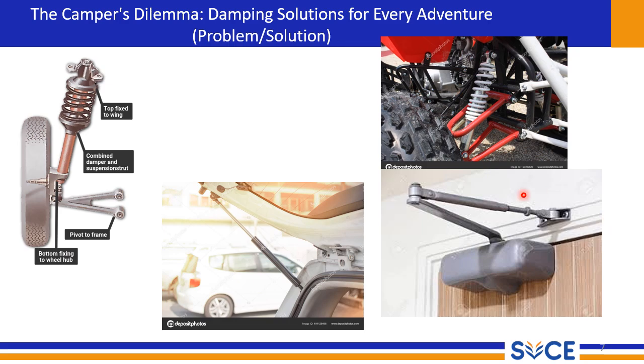These solutions help us tame the forces of nature, allowing us to truly enjoy the outdoors comfortably and peacefully, because ultimately the best camping experience is one where you can relax and connect with nature, not fight against it. In this slide, I gave examples in the form of your camping adventure.